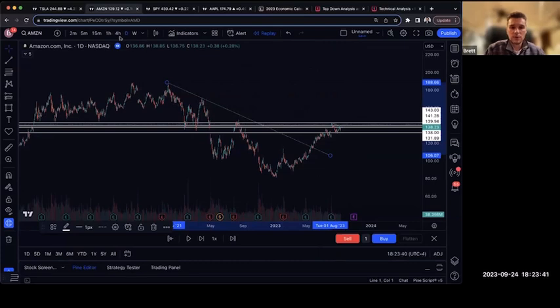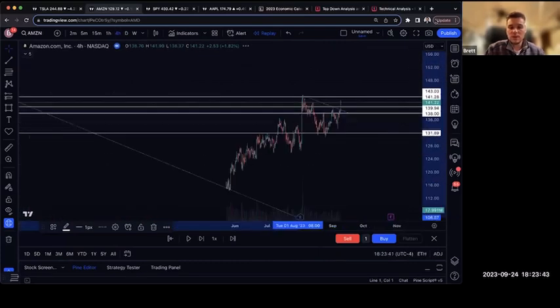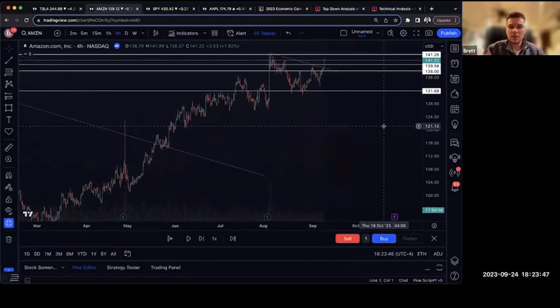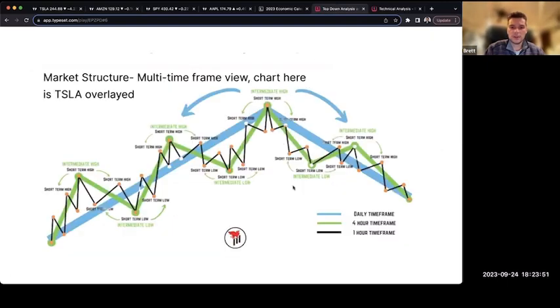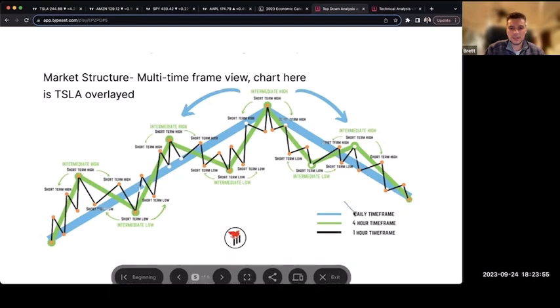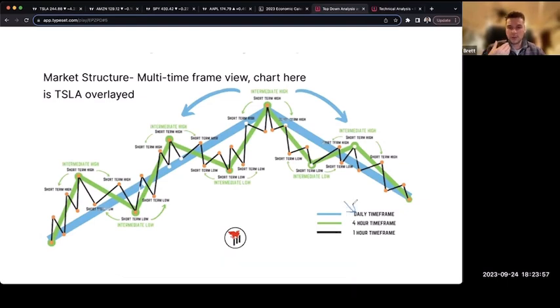Then I'm going to go to the 4 hour time frame and see what's happening there. Remember on our slideshow, we really didn't get into too much structure analysis on a daily time frame. Structure analysis for me, and you guys can go different ways, I'm not going to sit here and tell you that my system and strategy is the best.